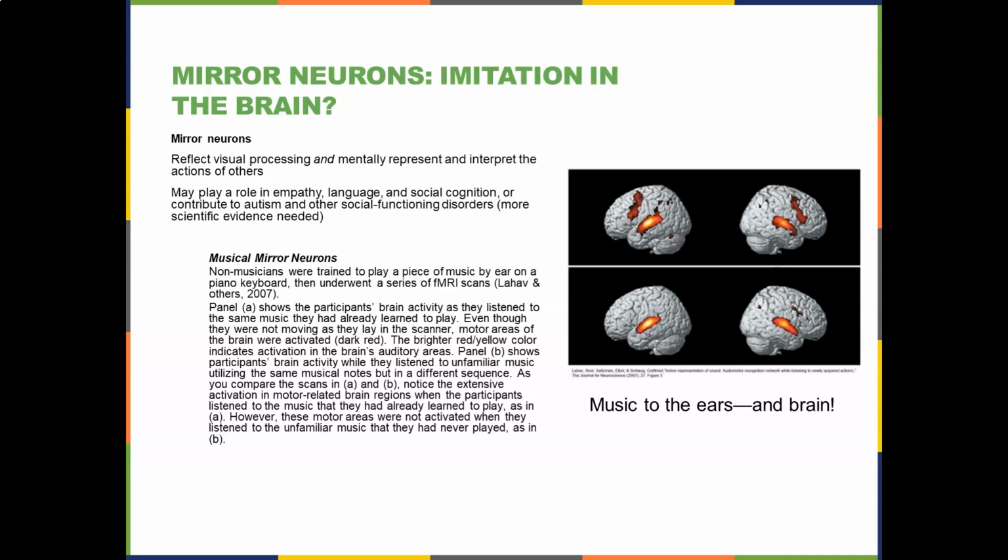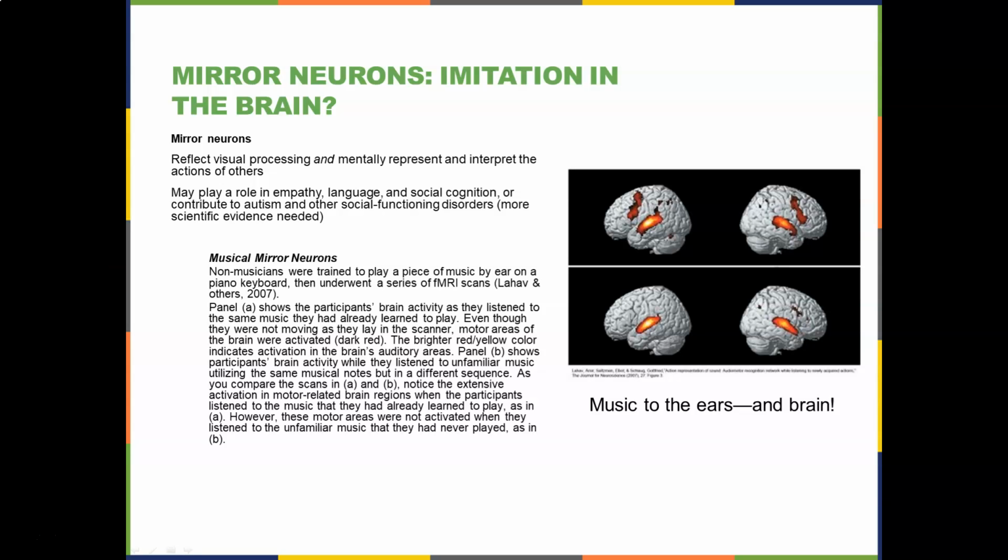Okay. We talked about observational learning, that the children imitated the behavior of watching adults act in a certain way. Well, neuroscientists have been very interested. They said, okay, what is the neurophysiological explanation for that?